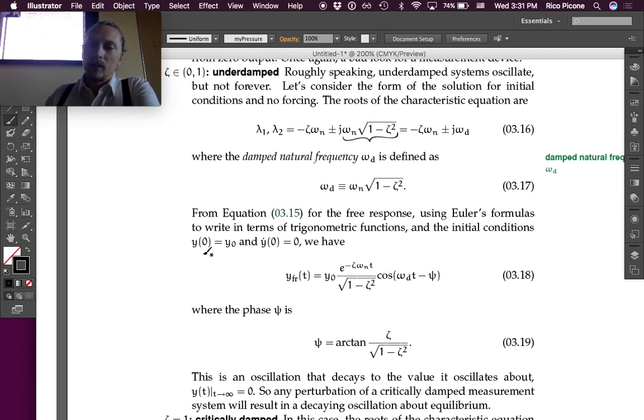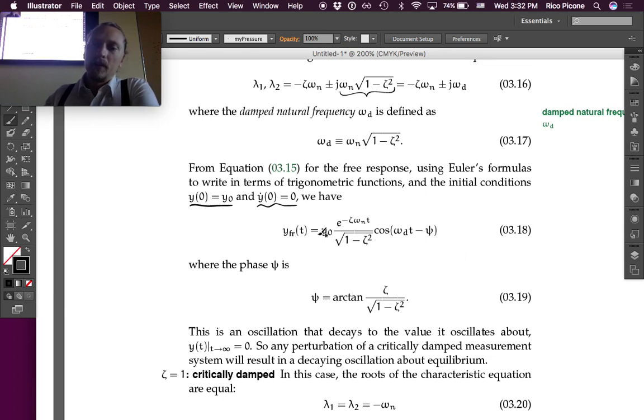And with these initial conditions, so with some output offset and no derivative term, we end up with this relatively simple expression, which let's unpack for just a moment.